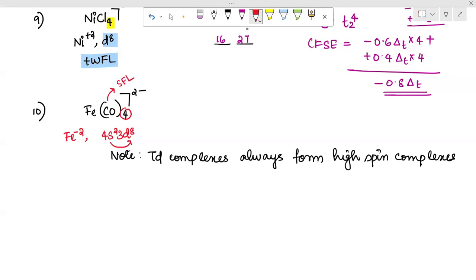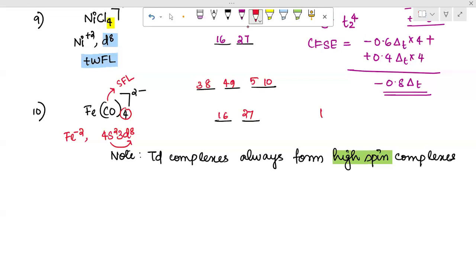Actually, carbonyl is a strong field ligand again, but that is of no use because it is tetrahedral over here. E at the bottom, T2 at the top. Tetrahedral complexes always form high spin complexes. As a result, 1, 2, 3, 4, 5, 6, 7, 8, 9, 10.